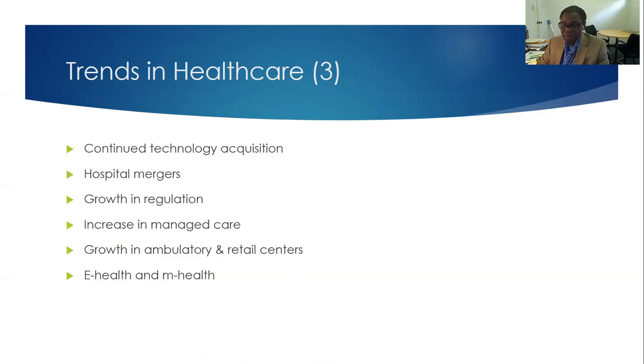Outpatient, ambulatory, and retail centers have shifted healthcare away from hospitals to other areas. One example is the growth of dialysis centers away from hospitals and healthcare organizations out into the community, such as retail areas.